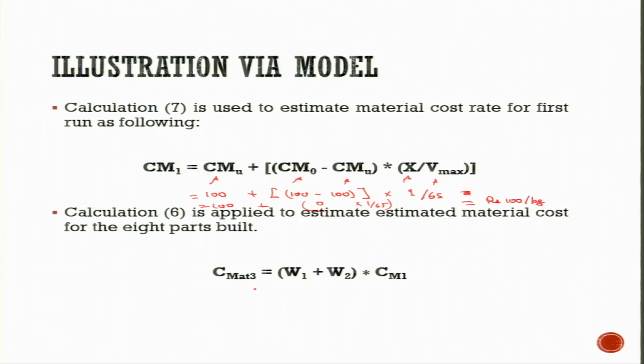So, the cost of the material would be the weight of the material for the support and for the build. This is build material, this is support material. In both the cases, the material is same in FDM process. So, the cost rate here is rupees 100 per kg, which has come from here.